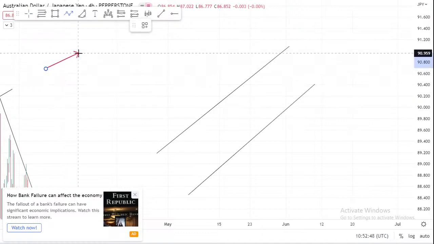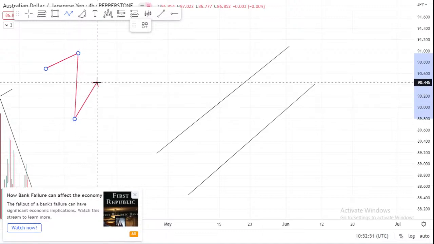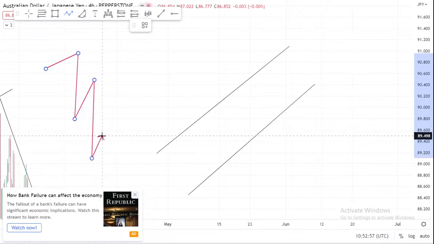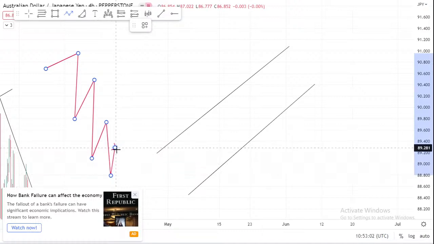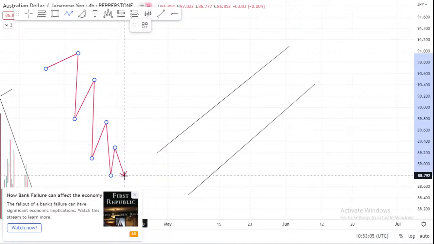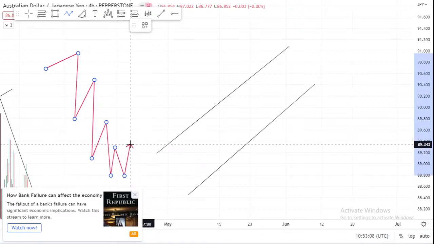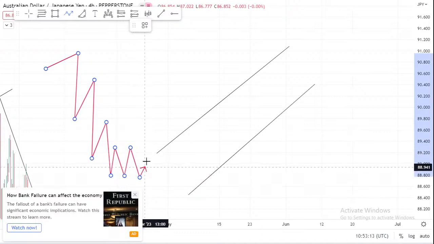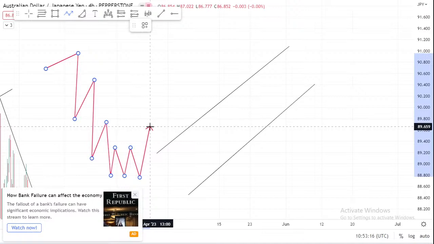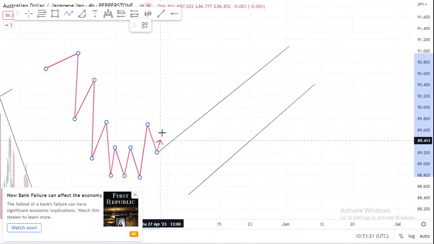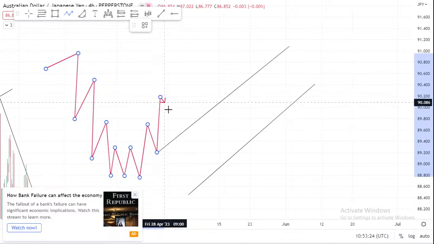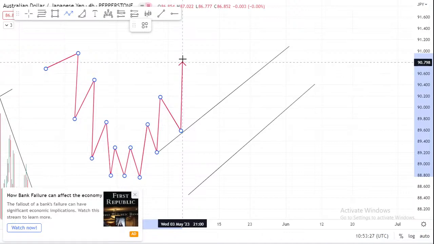So this is what was happening in the market. Then it gets to a point, it starts consolidating within these two zones over here, and then on the third consolidation you see this one forming a higher movement than this, and then it starts forming another upward trend.